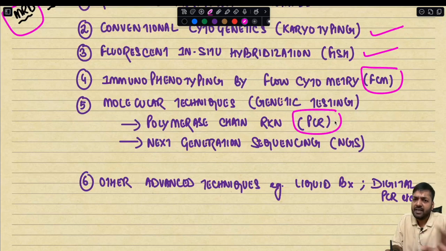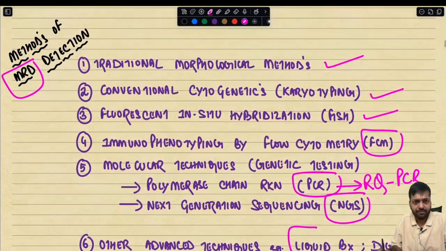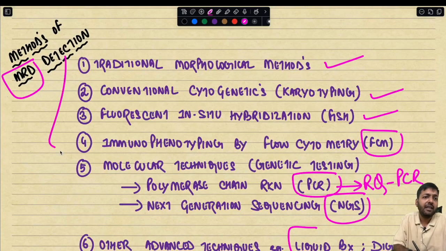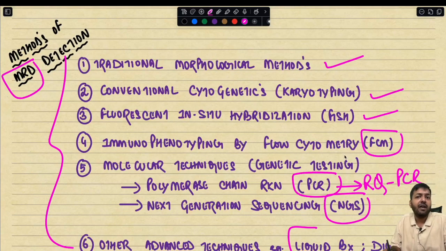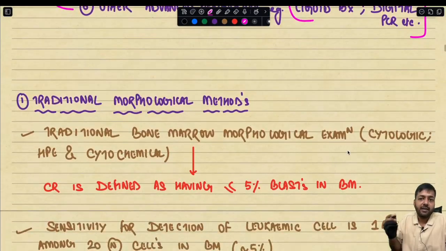PCR can be of various types. Most commonly you carry out quantitative PCR, RQ-PCR, which is very important, and we have next generation sequencing, also called NGS. Other advanced techniques, for example liquid biopsy and digital PCR, are also there. So these are some of the latest methods of MRD detection. Okay, so we are going to discuss each and every method in detail.